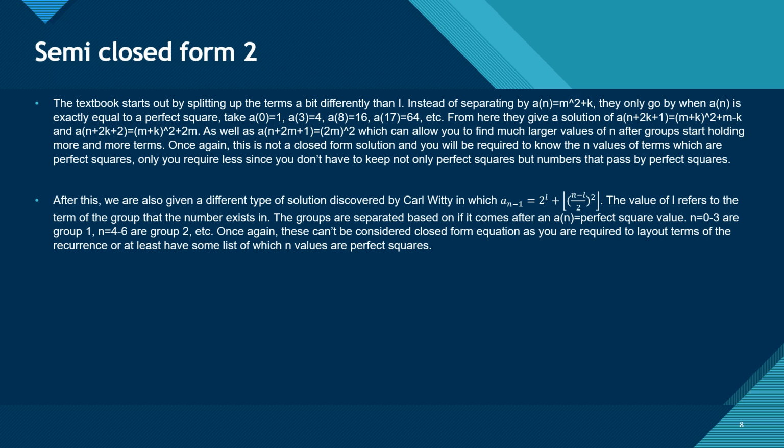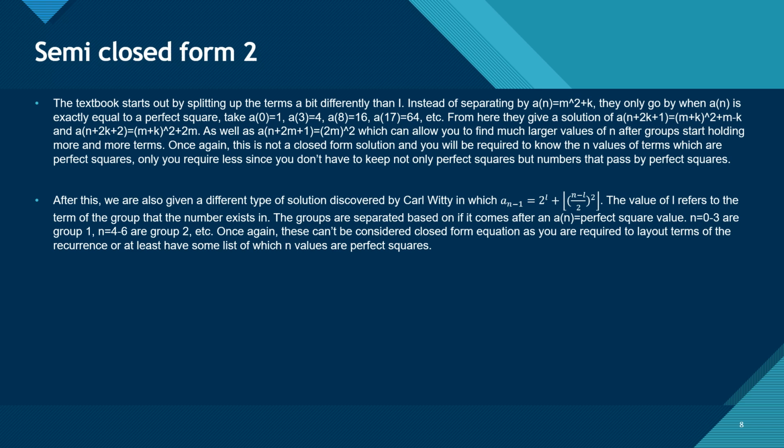So with that being said, they have the solution a of n plus 2k plus 1 equals m plus k squared plus m minus k. Then a of n plus 2k plus 2 equals m plus k squared plus 2m, as well as a of n plus 2m plus 1 equals 2m squared.